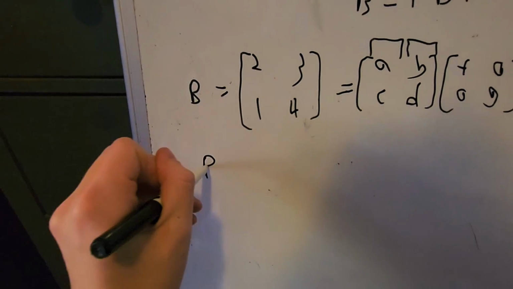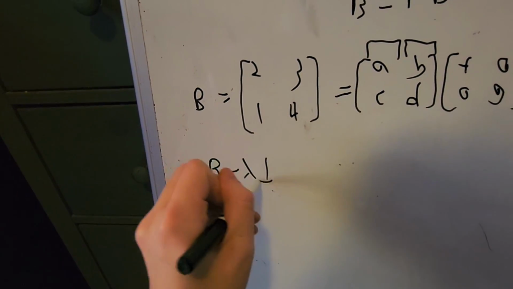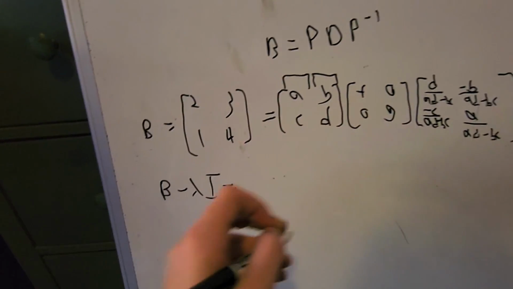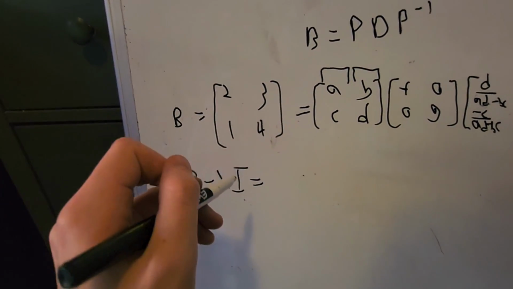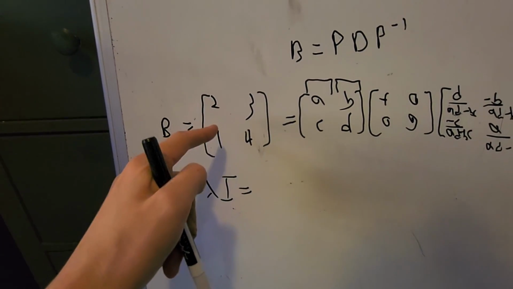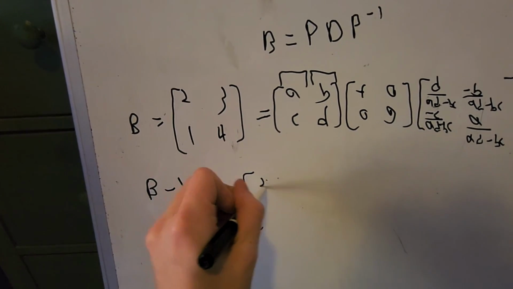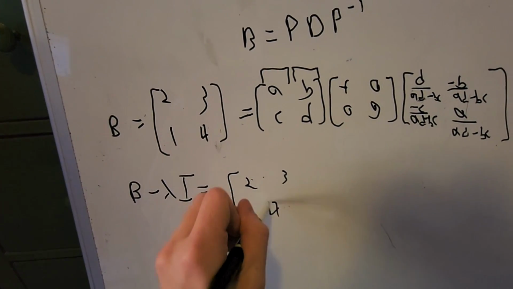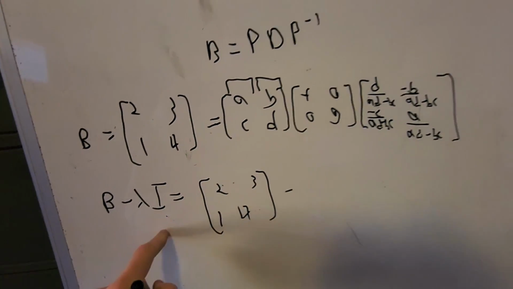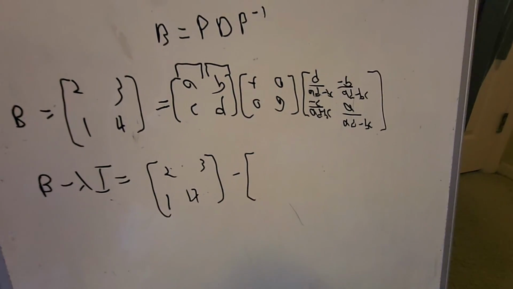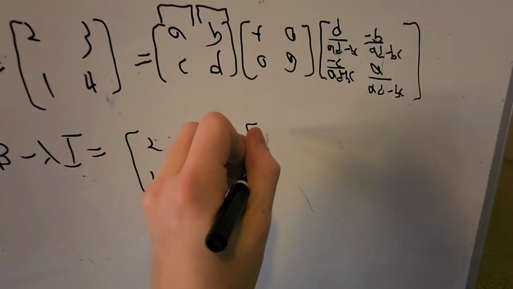So first we need to figure out what B minus lambda I is. And then we can take the determinant. So B is obviously the matrix B. 2, 3, 1, 4. We don't know what lambda is, but we do know what I is. It's the identity 2 by 2 matrix.